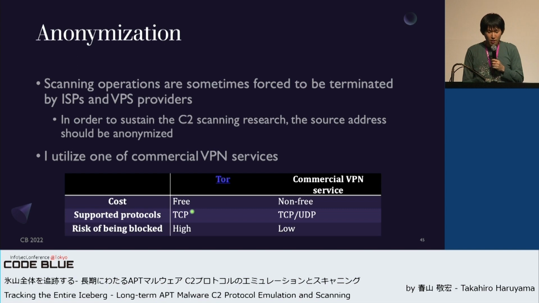Tor is free, but only supports TCP-based protocols and has a risk of being blocked because Tor exit relay list is published. On the other hand, commercial VPN service is non-free, but supports both TCP and UDP-based protocols. That's why I utilize one of commercial VPN services for anonymization.